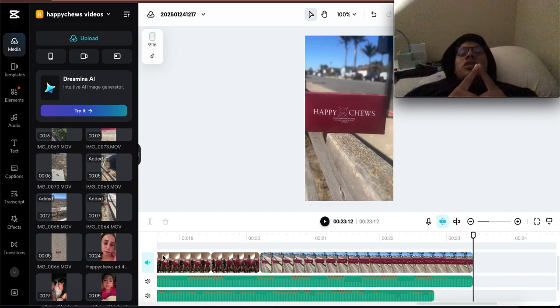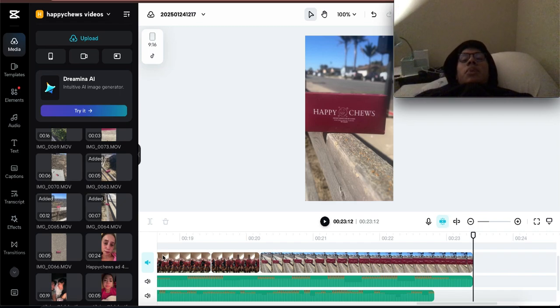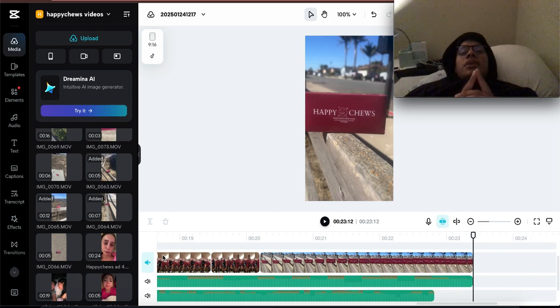If your CPC is too high, then it's not going to be so good unless your cost per acquisition is low, right? If you have a $3 CPC but your cost per acquisition is like $10, that's pretty good. But if you have a $3 CPC and your cost per acquisition is like $50, that's not good.